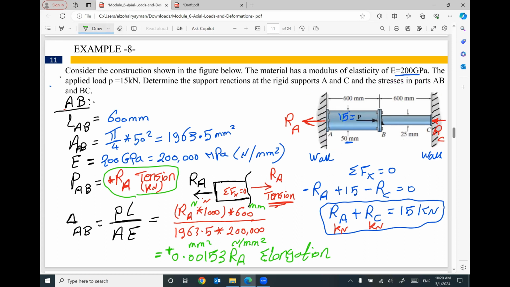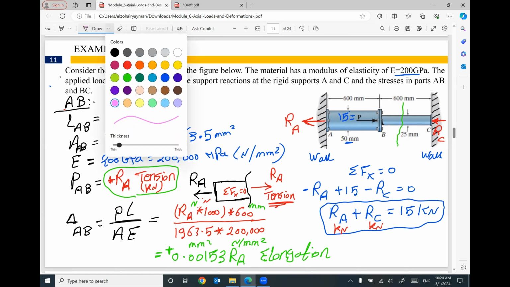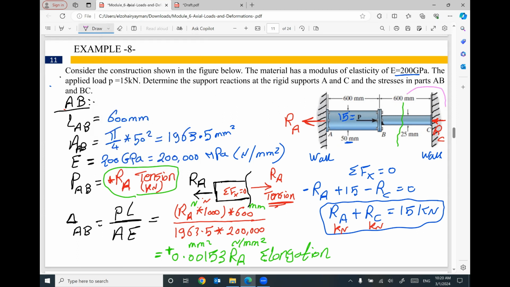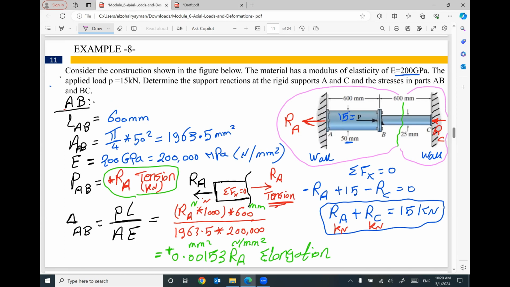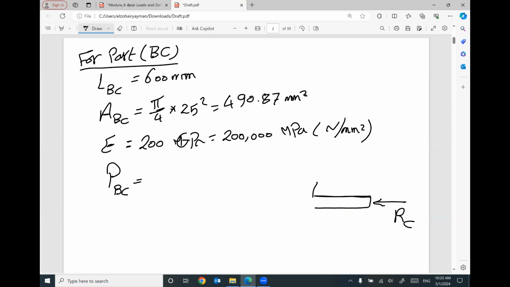I will do a cut in part BC. This cut will divide your structure into two parts, the part on the right and another part on the left. I'm going to use the smaller part, which is easier, so I'm going to use the right part. If you use the right part, I have a reaction coming this way, RC, and I did the cut here.